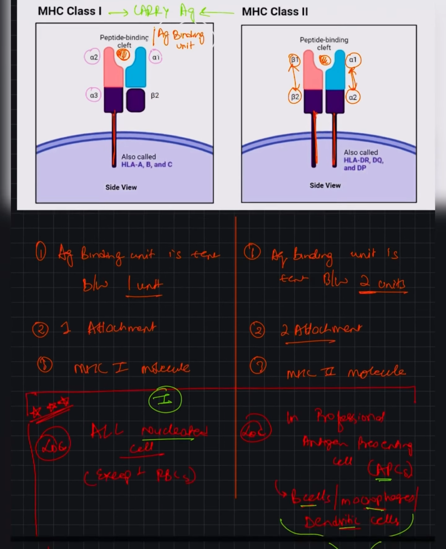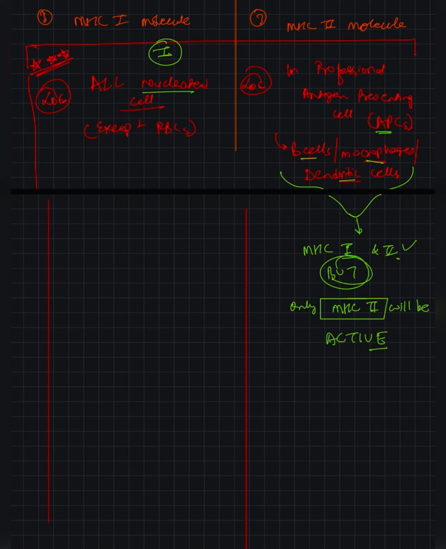Same goes with MHC class 2. So now we need to remember that MHC1 will give antigen to whom and MHC2 will give antigen to whom.